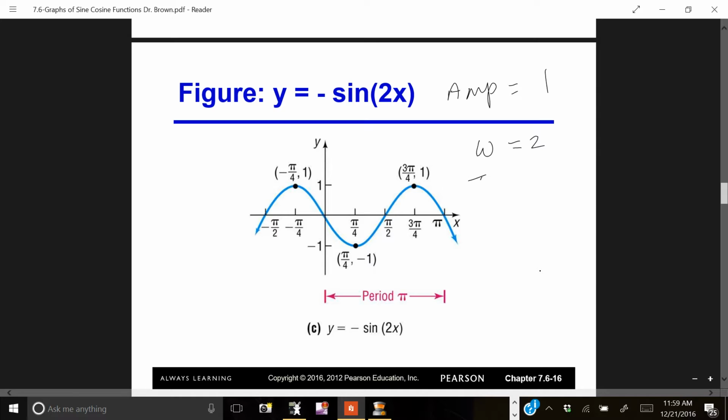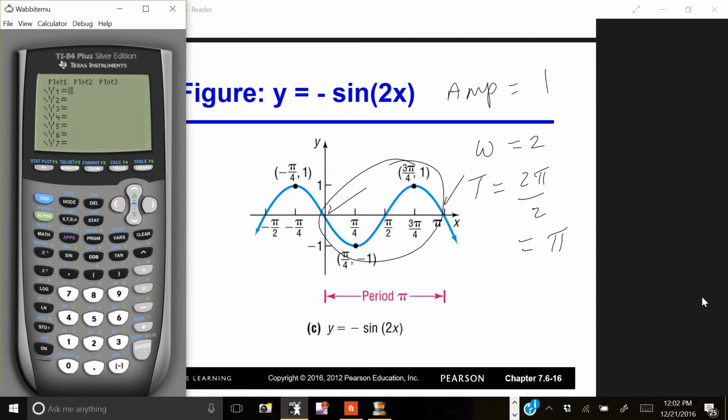So the period is equal to 2 pi over omega, which is pi. Now notice that we get one full period as we go from 0 to pi.